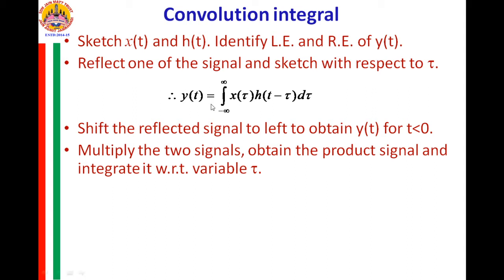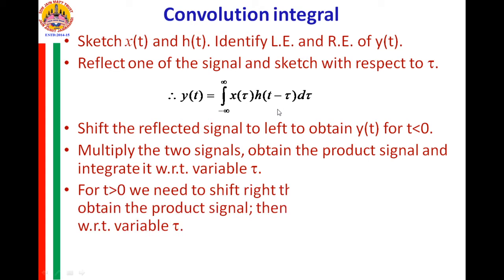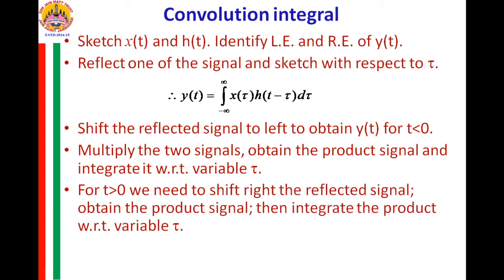So, for t less than 0 we have to reflect and shift to the left side, and for t greater than 0 we have to shift to the right side the reflected signal, obtain the product, integrate and evaluate the integration. This is what we have to repeatedly do for the entire duration of t for which y of t exists. Now, let us do this by considering one example.